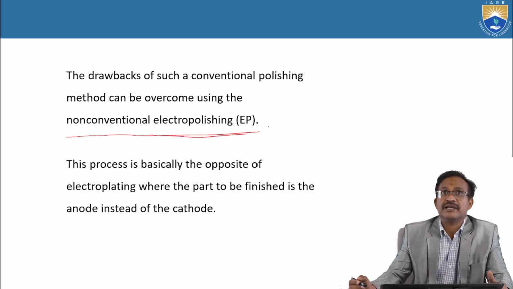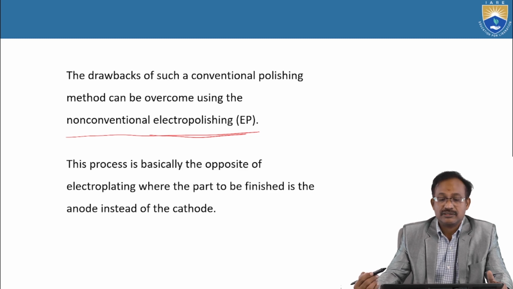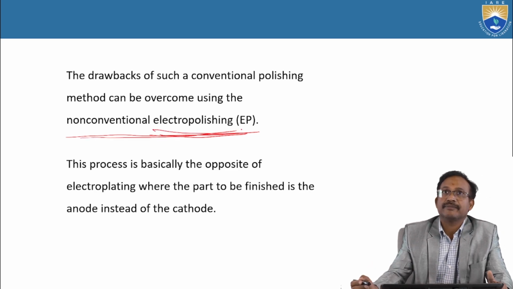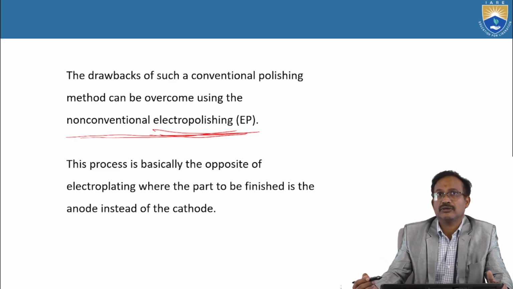Let me reiterate. We have some drawbacks in mechanical polishing. In order to overcome them, we use non-conventional electropolishing, in short EP. In subsequent slides, wherever you find EP, that is electropolishing.